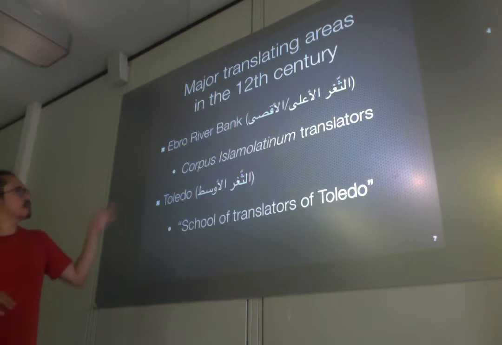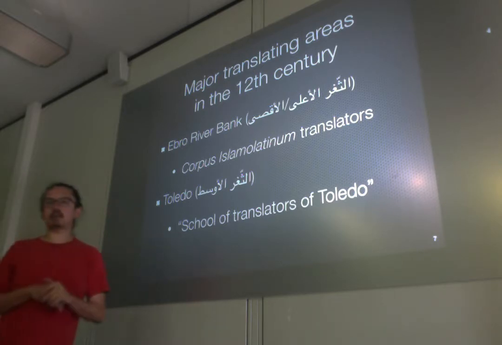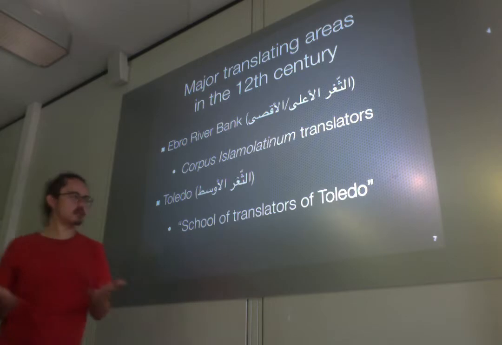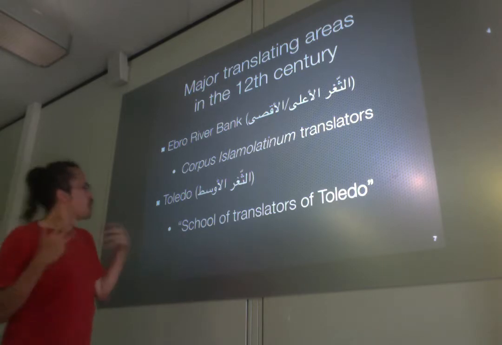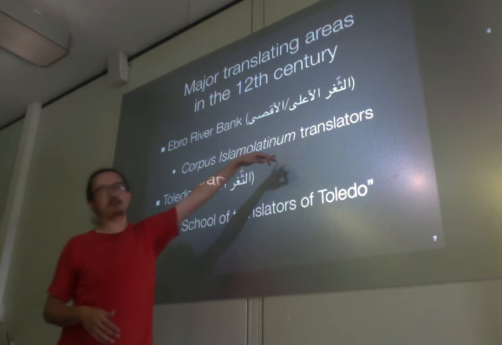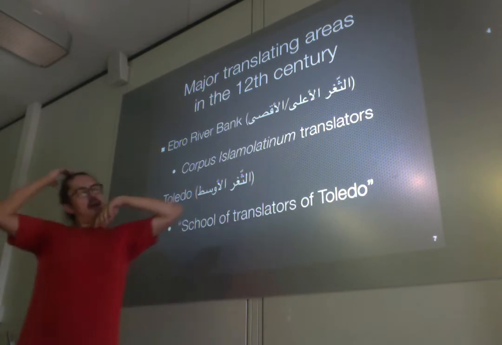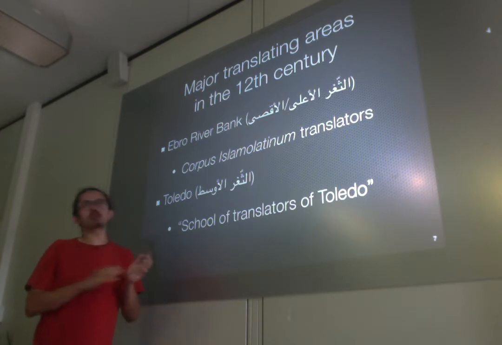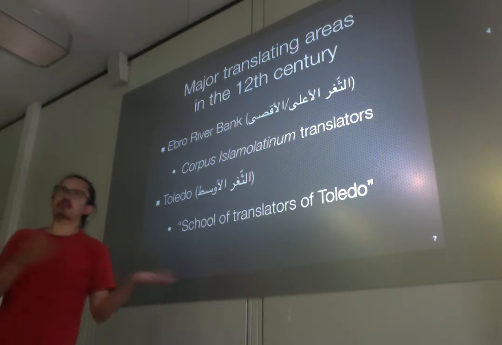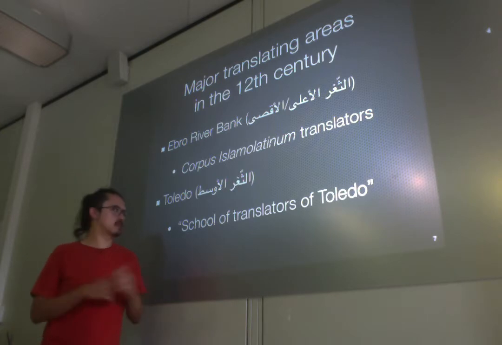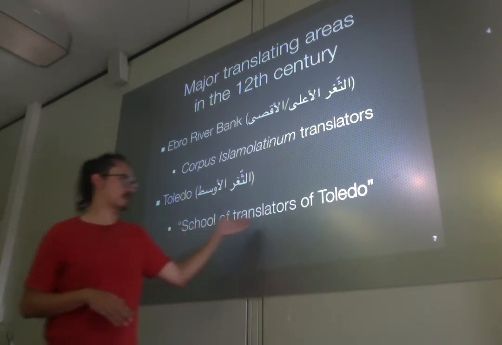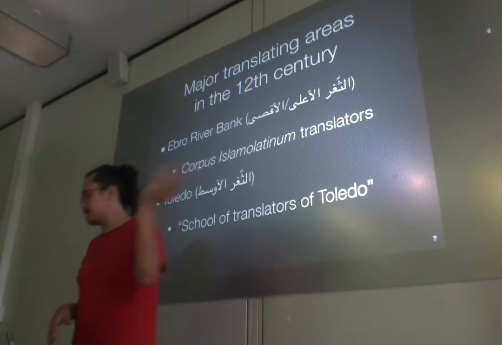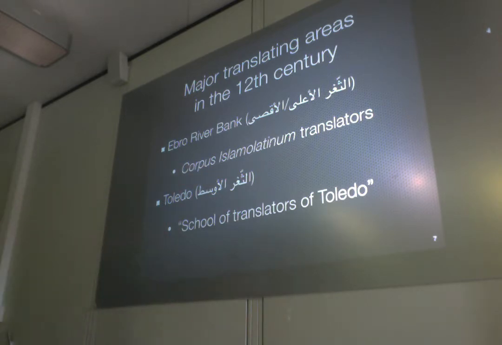Broadly speaking, we can think about two groups of translators. The northern group would be mostly composed of the Corpus Islamo-Latinum translators, and the main group would be those thought to compose the School of Translators of Toledo, but it's a very bad name, actually, though it's the one that has been used the most by scholars.